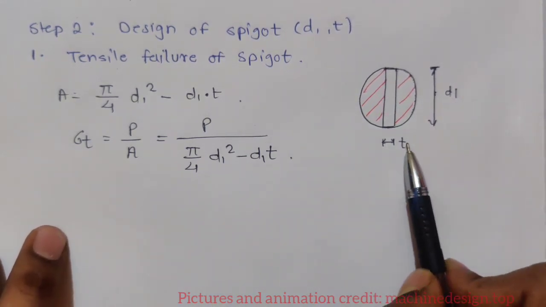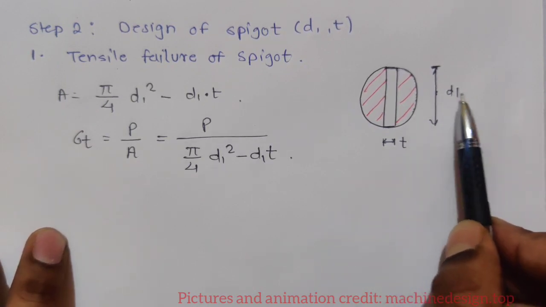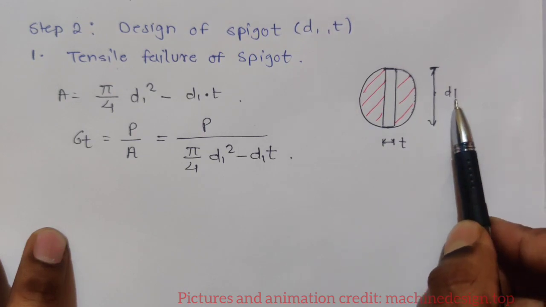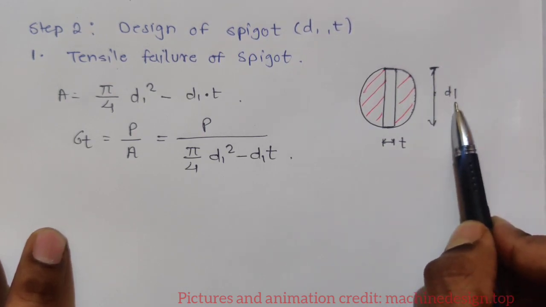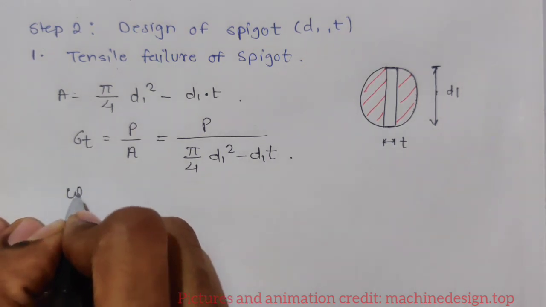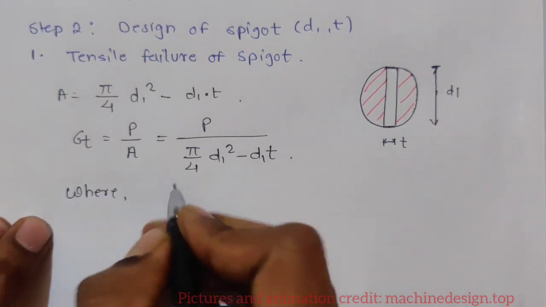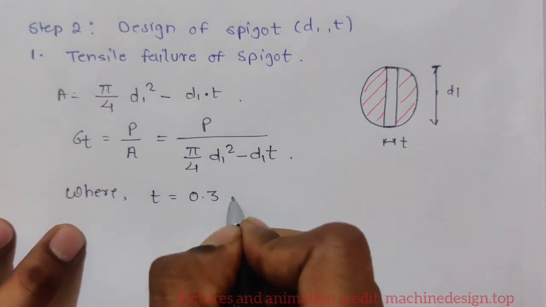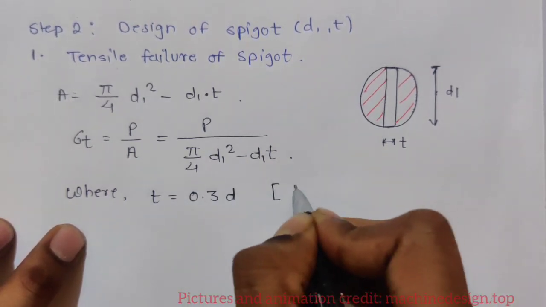So we will call it like t is equal to 5 d1, or t is equal to 2 d1, or t is equal to 0.5 d1 in respect to other dimension. So we'll call it an empirical relation. Here t is equal to 0.3 d, this is the empirical relation.